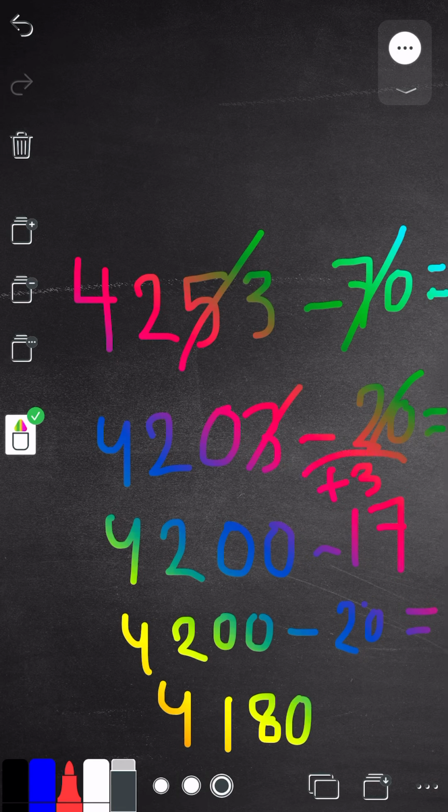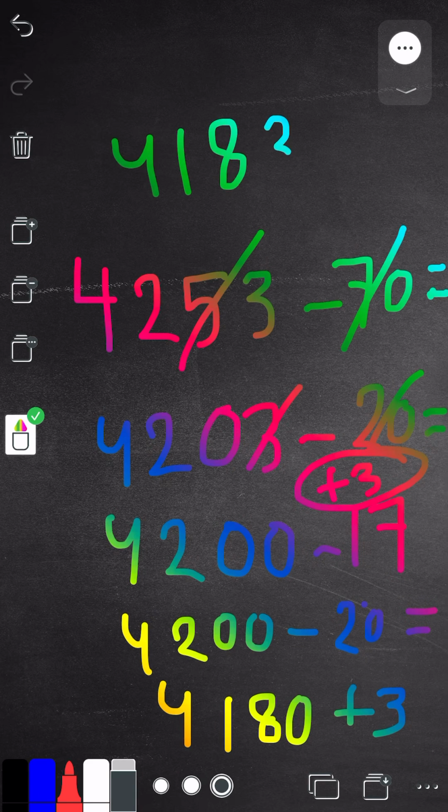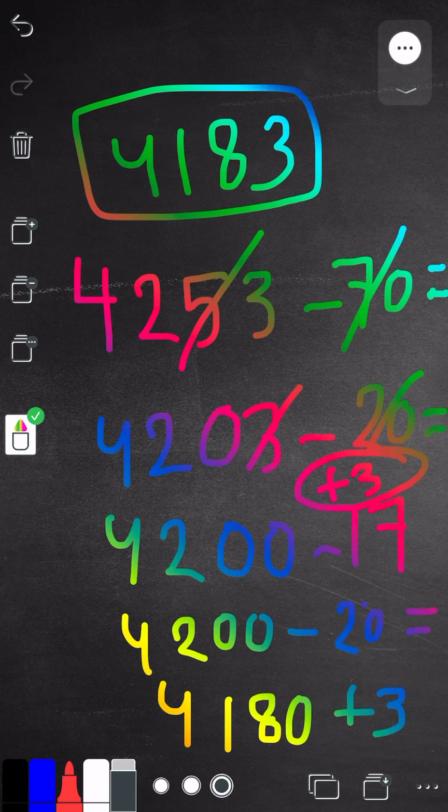Now because we added 3, we have to add 3 here. So it's 4,183. And this is one strategy of subtraction. It's by rounding the smaller number and then doing the adjustment. If we round it up, we can add the same number we added to the result.